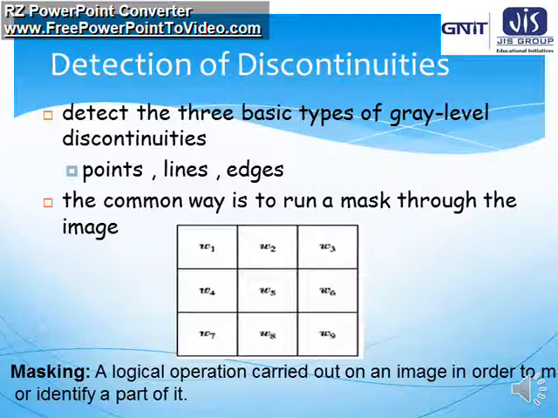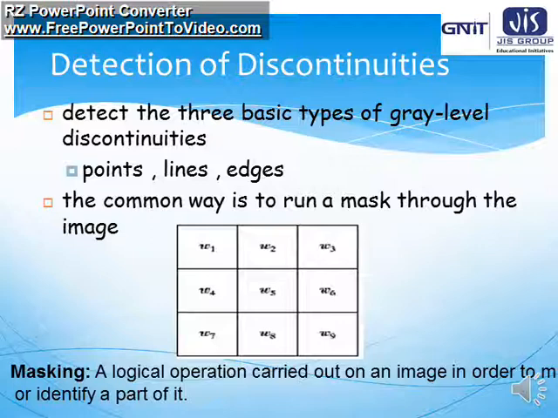The common way is to run a mask through the image. Masking means a logical operation carried out on an image in order to identify a part of it.